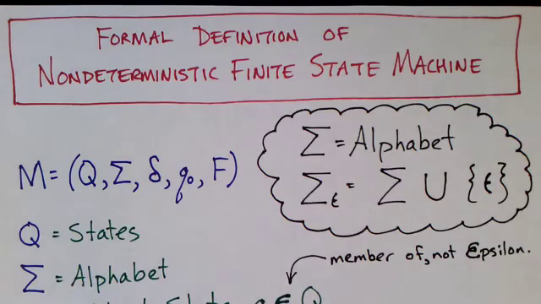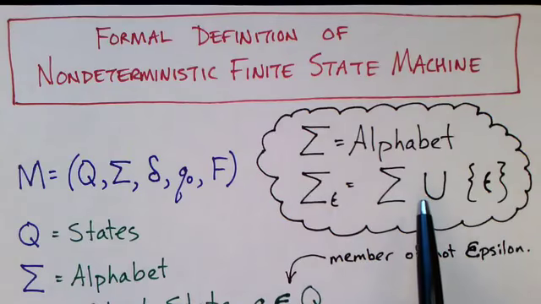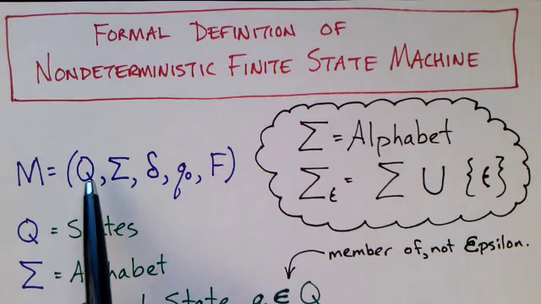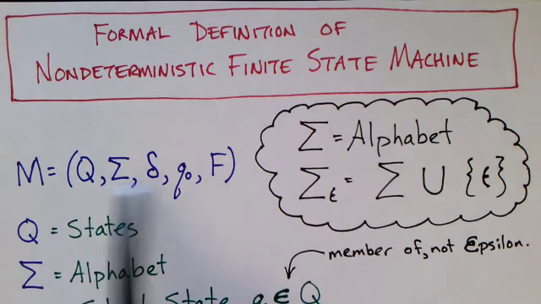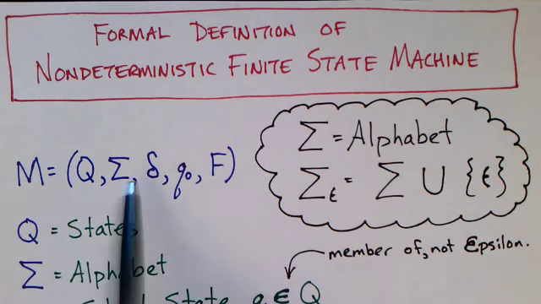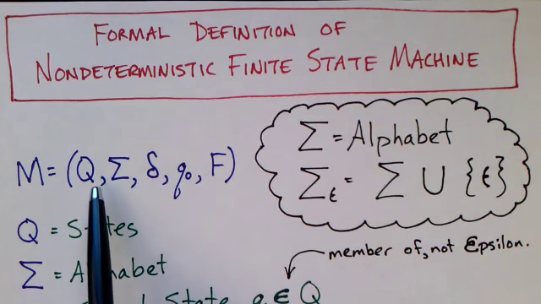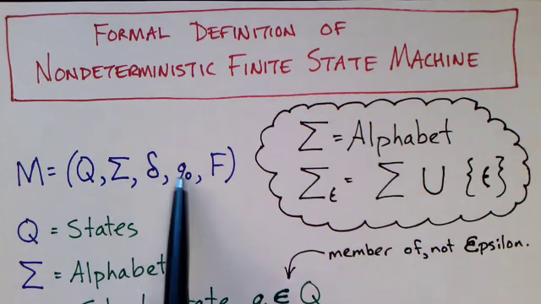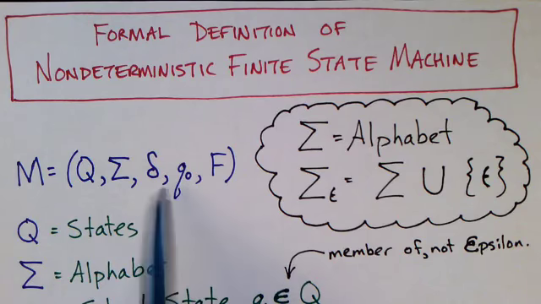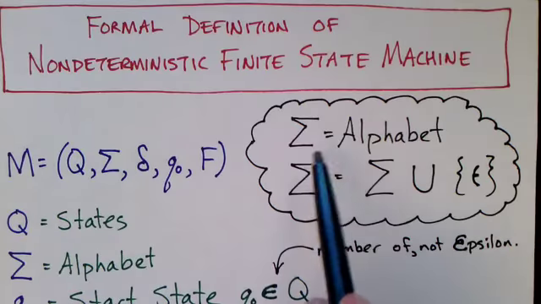We're now ready for the formal definition of non-deterministic finite state machines. As in the case with determinism, we specify them with a quintuple, a collection of 5 things, but these things are slightly different. We have states, alphabet, transition function, initial state, and final states. But these are slightly different in their definitions, and we'll look at those next.